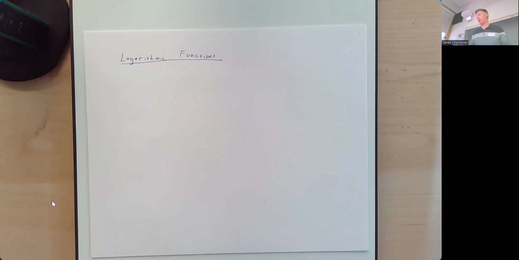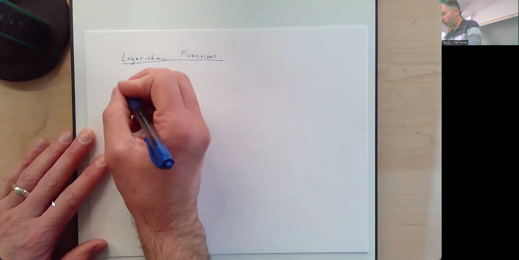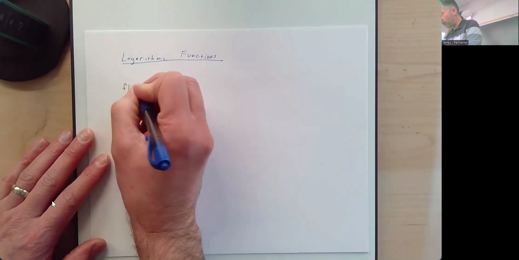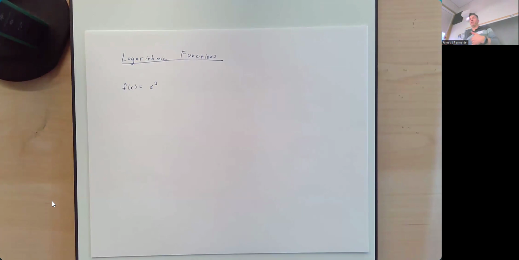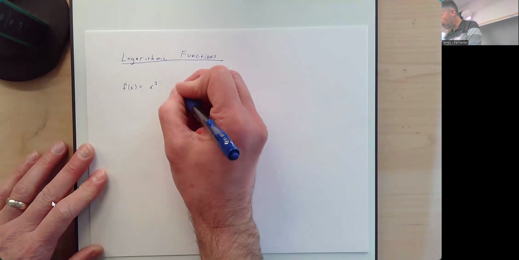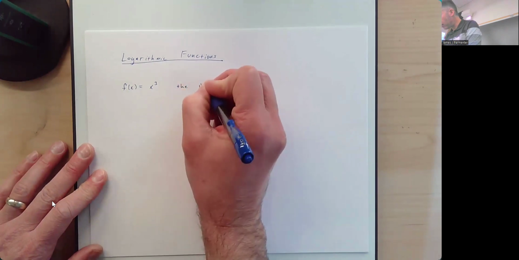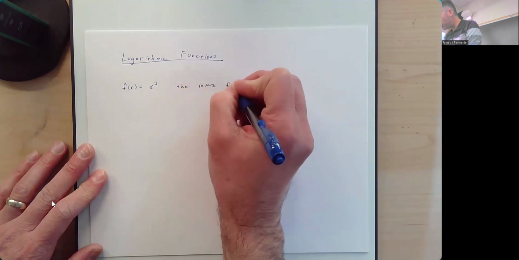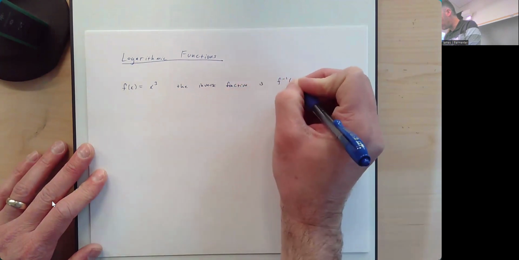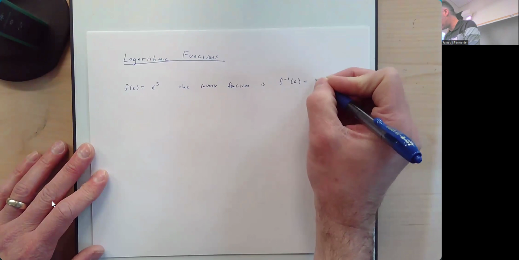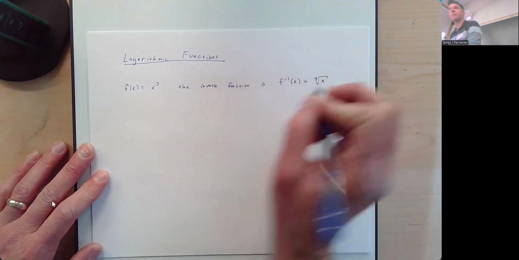So very much how, if you had the function, say, f of x equal to x cubed, where it takes an input and gives you some output that's the cube of it, the inverse function is the function that undoes that. It's f inverse of x, and it's equal to the cube root of x.